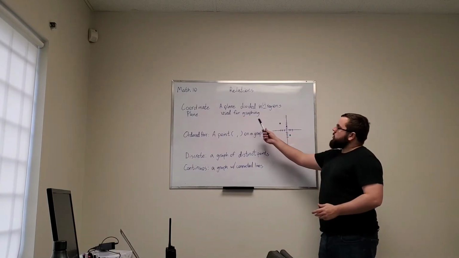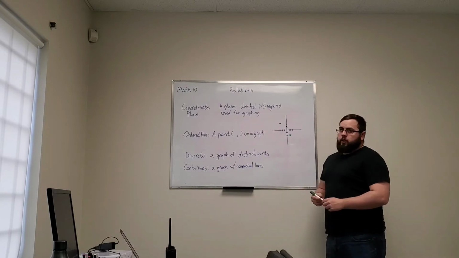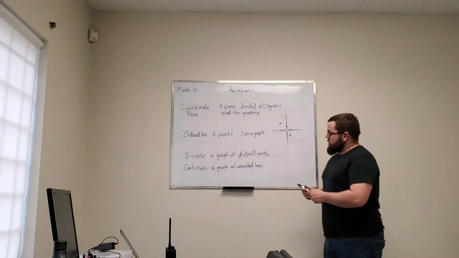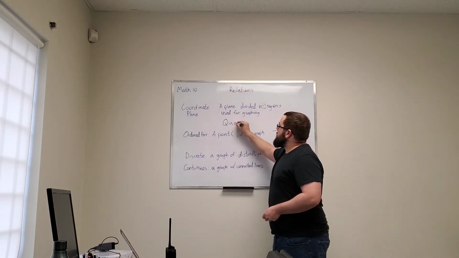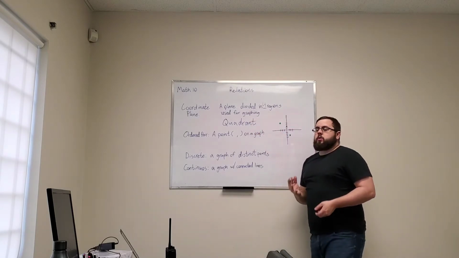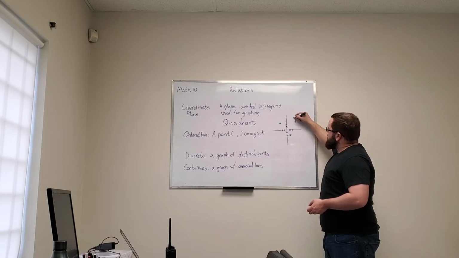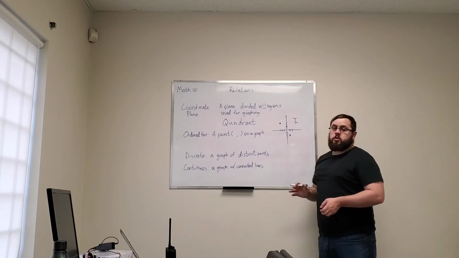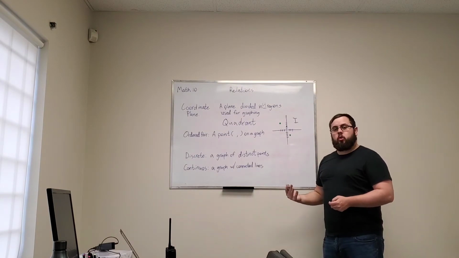So the coordinate plane is divided into 4 regions used for graphing, and each of these regions is called a quadrant. The very first region is the top right one, and then we go counterclockwise.